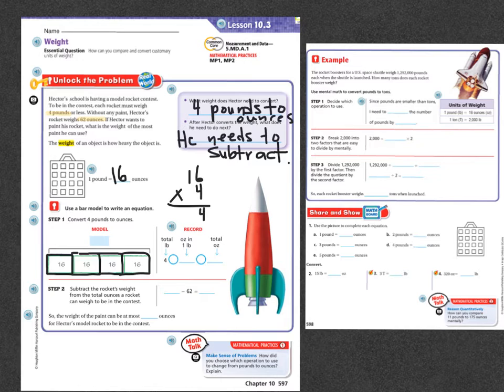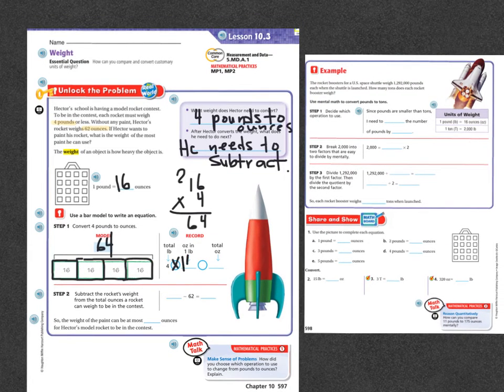The 4 goes down. I regroup the 2. 4 times 1 is 4, plus the 2 is 6. So that's 64. So what we did was 4 times 16, which equals 64, meaning there is 64 ounces in 4 pounds.